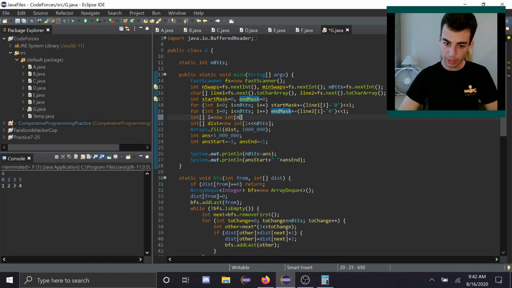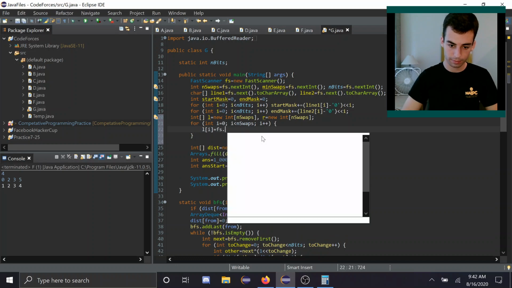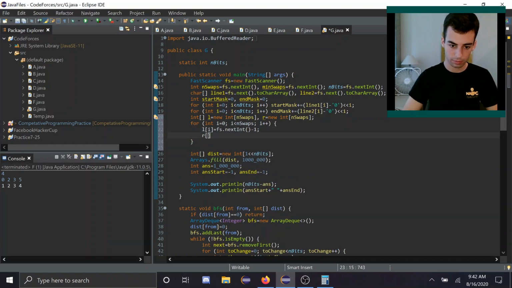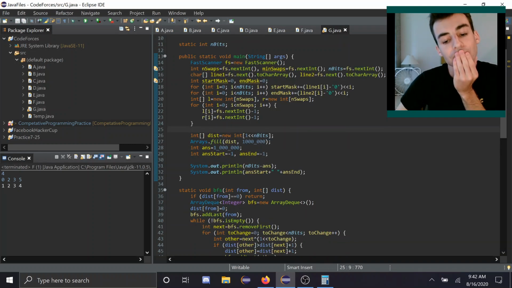L equals new int array of swaps, and R the same. And we have to read these in. So read in the left and right endpoint for each of these positions.